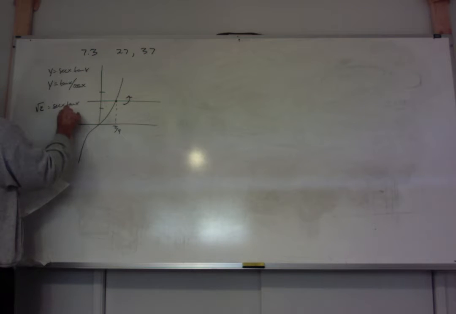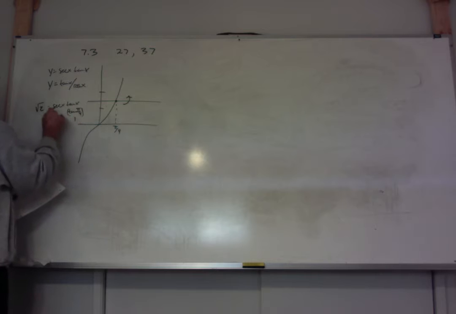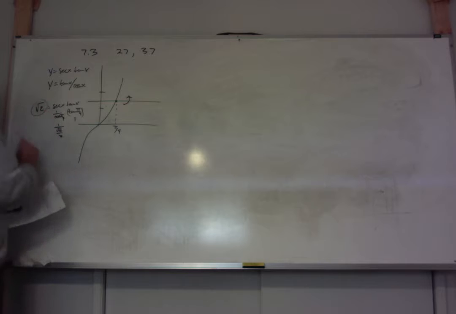Tangent of pi over 4 happens to be 1, and secant of pi over 4 is 1 over the cosine of pi over 4, which is 1 over the square root of 2 over 2, and that will end up being square root of 2.